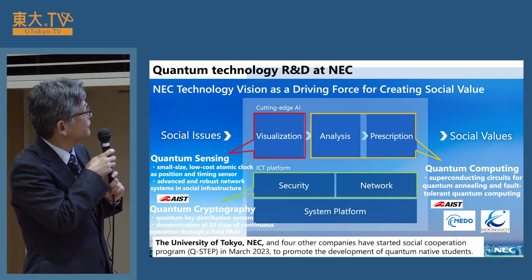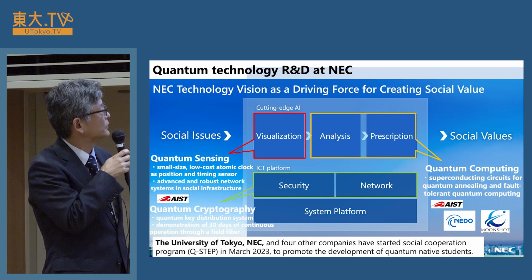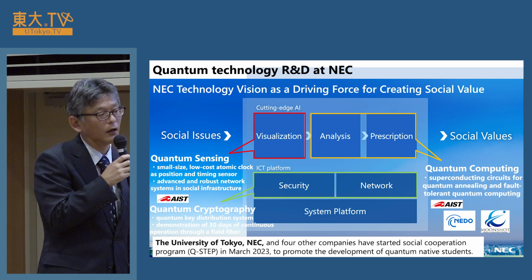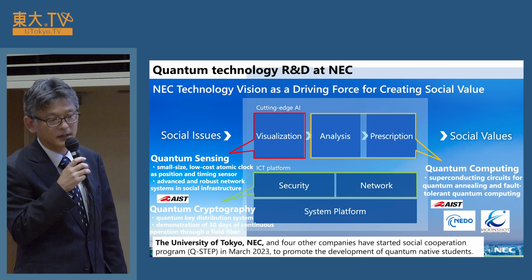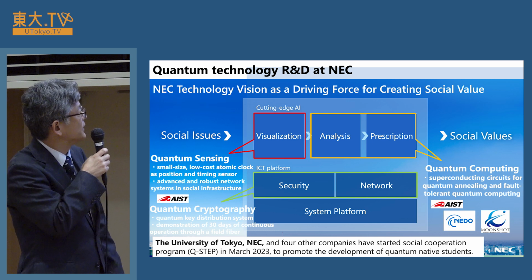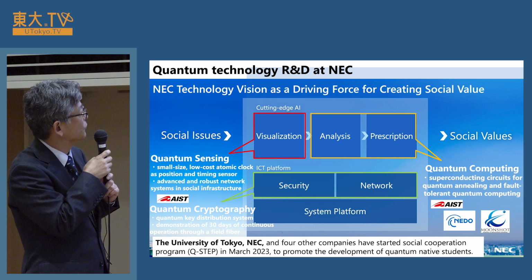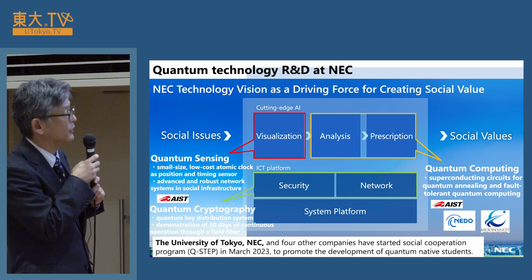And as for quantum cryptography, we are working on a quantum key distribution system. We have developed prototype systems for commercialization and successfully demonstrated 30 days of continuous operation through field fiber in Tokyo.